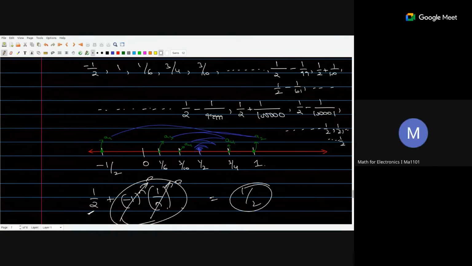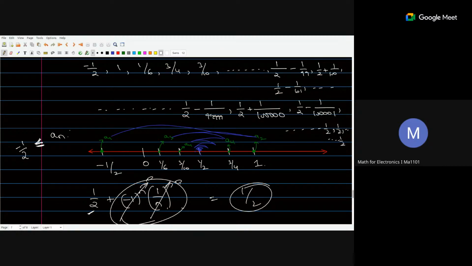Minus 1/2. Minus 1/2, correct. So in this particular sequence, I can proudly say minus half. Sir, minus 3/4 if we take. Minus 3/4 is also a good lower bound, but minus half is better than minus 3/4. So minus half will be less than or equal to any number in this sequence.